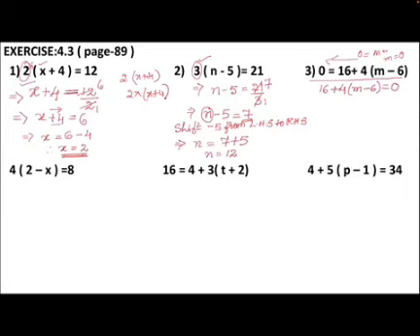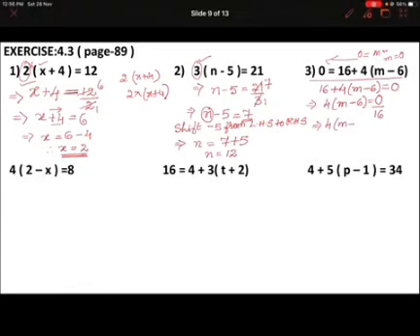First shift 16 to RHS. So you will have 4 into (m - 6) equals, what is on the RHS? 0 is there. So 0 divided by 16, the answer is 0.